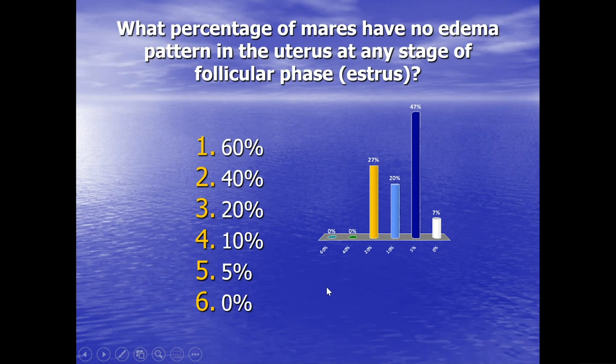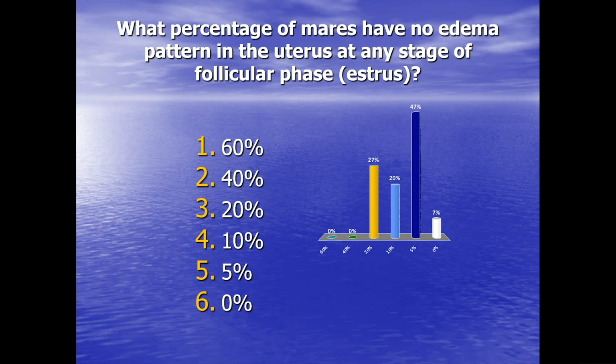What do I think when I see a mare with no edema in the follicular phase? What I wonder sometimes is if I've been entirely correct in assuming she is in the follicular stage. It's a concept a little bit hard to explain in a webinar when I can't actually be there or show you in a mare, but I think it's where the corpus luteum doesn't lie completely, but it's very hard to see, but there's maybe a trace of luteal tissue.